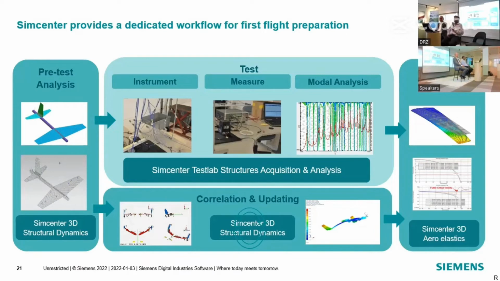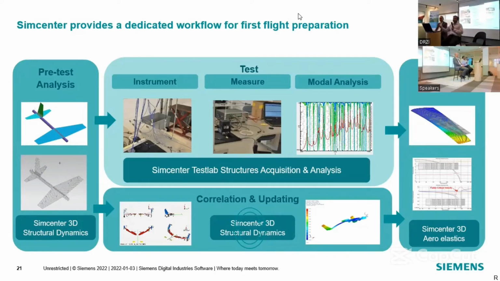If the simulation says that this structure is going to have an oscillation at 10, 15, 20 hertz, when you do the physical test, you know where to put the sensors and how many sensors you need, so that you capture all three modes in one shot. You don't miss anything and you don't repeat the test. So you can make your physical test more efficient by using the simulation model.